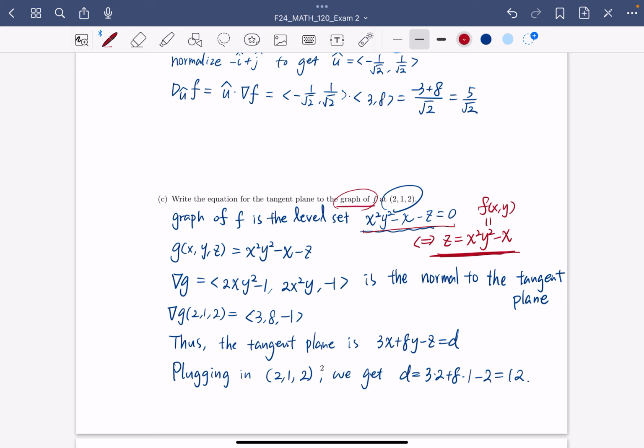So maybe the level set of g(x, y, z) equals 0. And to find the tangent plane, we can compute the normal of this tangent plane, and the normal is parallel with gradient of g.